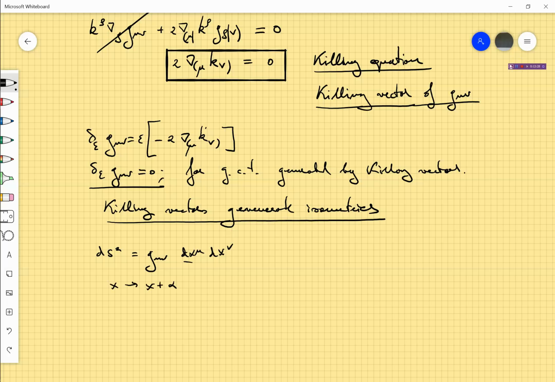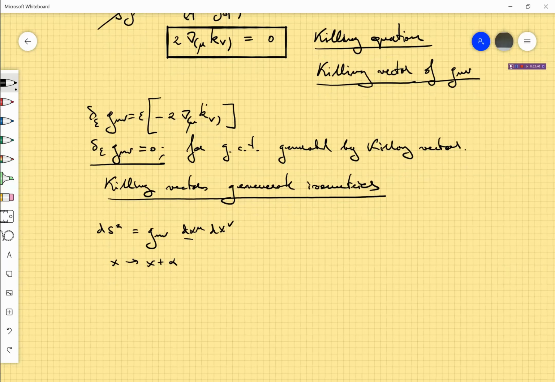So this reproduces basically what we said before, but there will be a Killing vector associated to this. I'm going to explain this relation between cyclic coordinates and Killing vectors more precisely now.